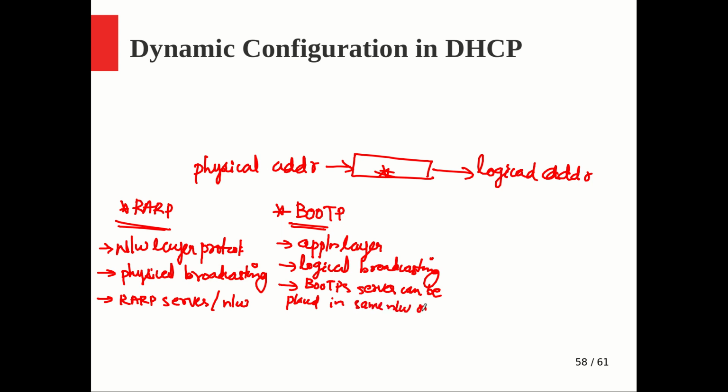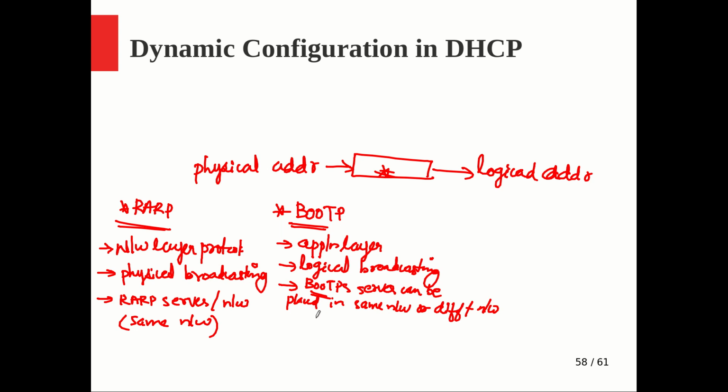But if you look at reverse ARP, the server should be in the same network. That means every network needs a reverse ARP server. Here, if you want, you can place the BOOTP server for a number of networks together in a single place, and it will still work.